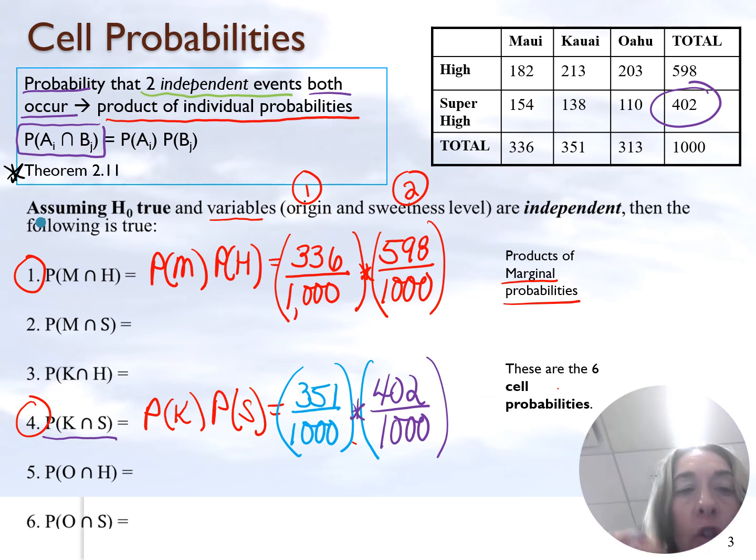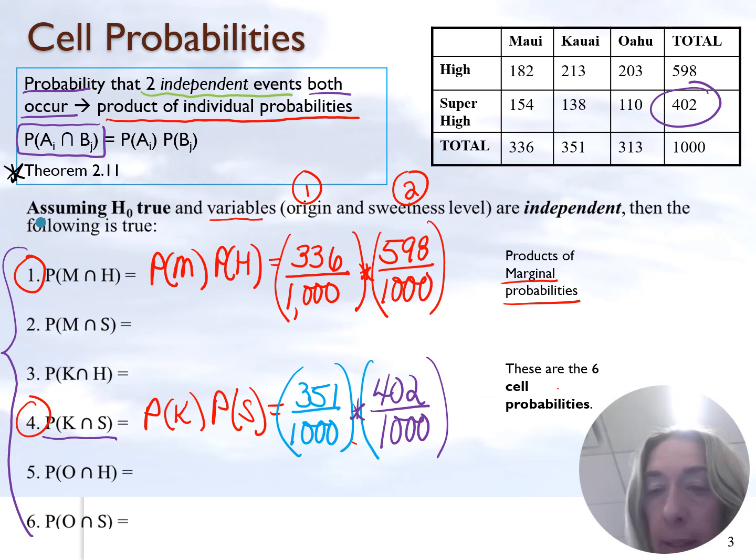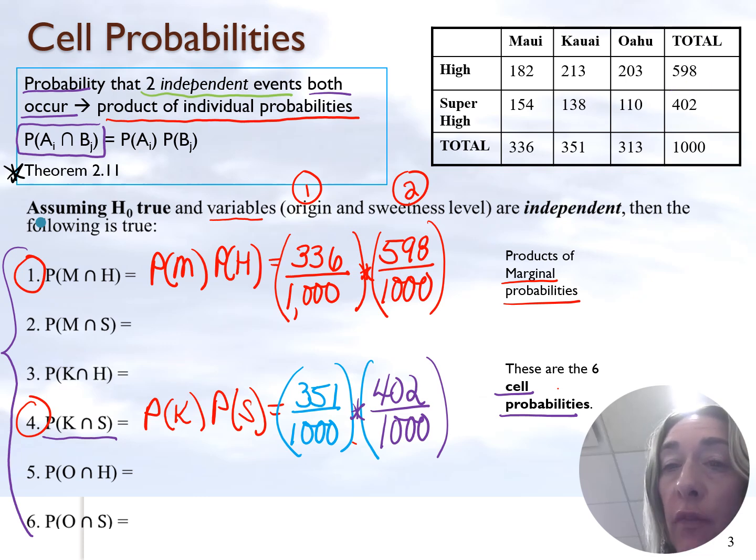So what we have here are 6 different probabilities. These are called cell probabilities because they are associated with each of these 6 cells of the contingency table.